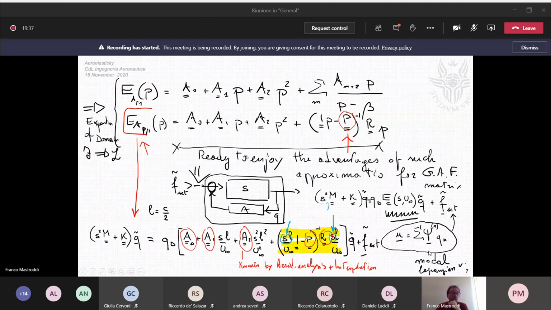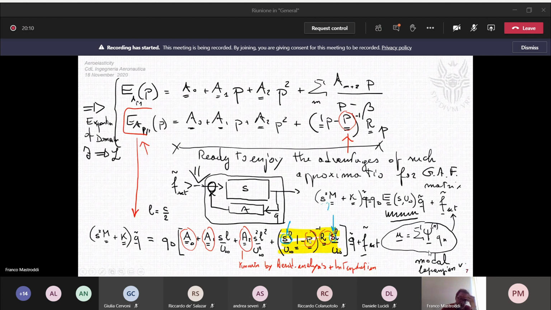And we have also commented on the fact that if we assume one of these polynomial structures and include this definition in the flutter equation for a linear aircraft, we have the possibility to define a new state space variable by considering the proper fractional part of this approximation, denoted here as the yellow part.